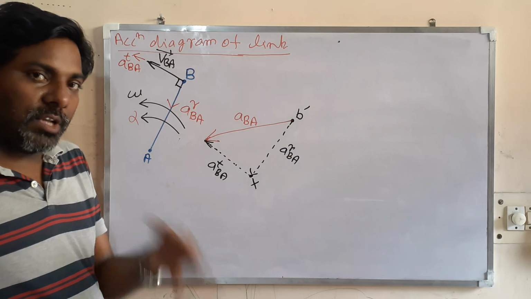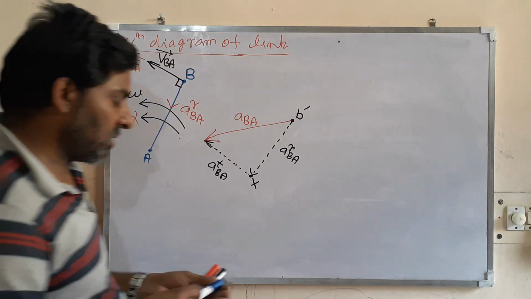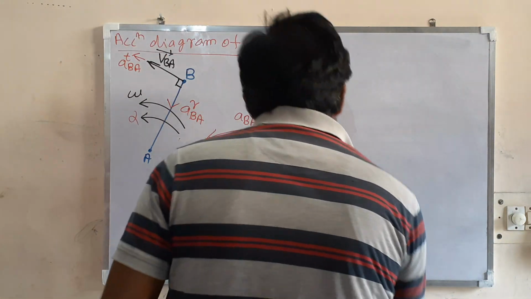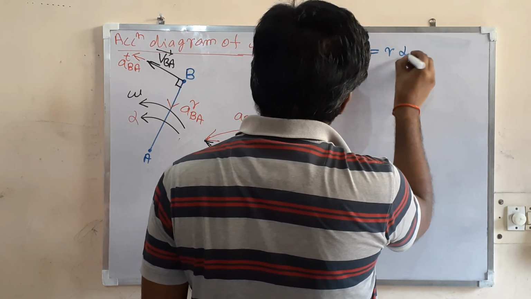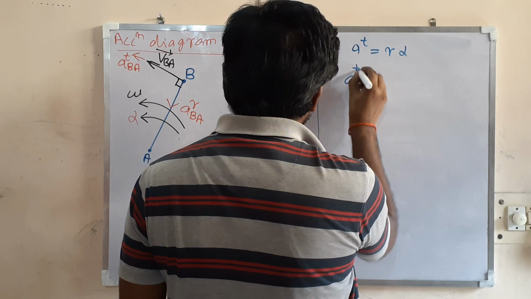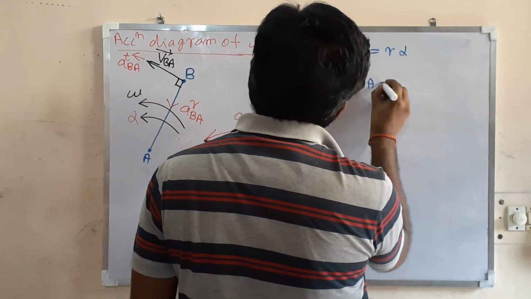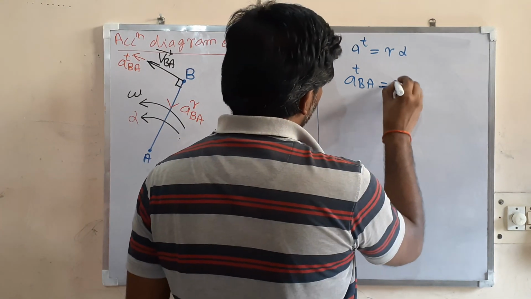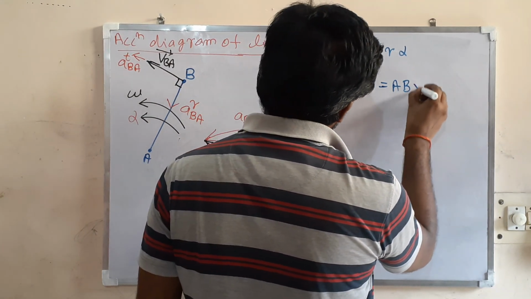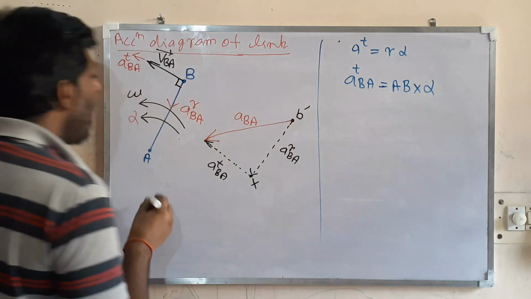Now let us use the previous formula and derive the expression for the same. You know that the tangential acceleration AT is equal to R into alpha. So what will be AT of B with respect to A? The radius will be AB, into alpha of the length AB.